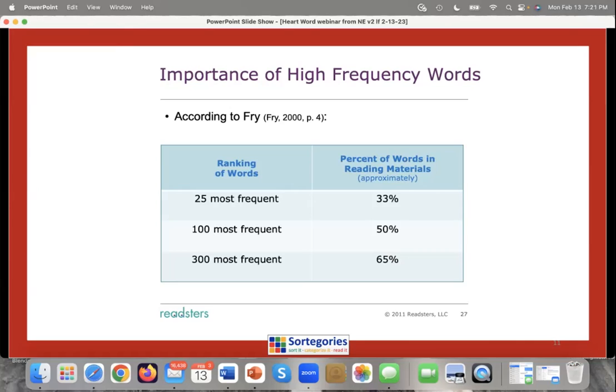What's the first sound you hear? Ooh. How do we spell ooh? Oh, W. So now that word was has one part of it that they already can read and spell, the first sound, the first letter. And that makes that word unique from the other 10. And they have an anchor for that word.